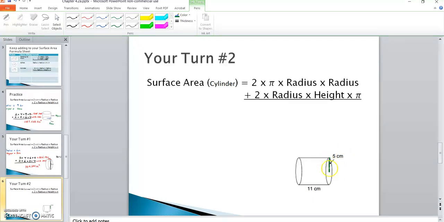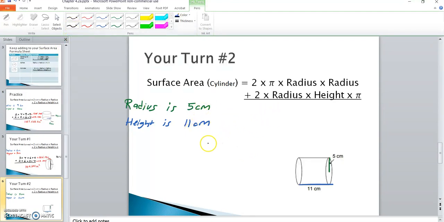And you'll notice that the line only goes to the middle of the circle. So that is our radius. So radius is 5 centimeters. And then the height is 11 centimeters.